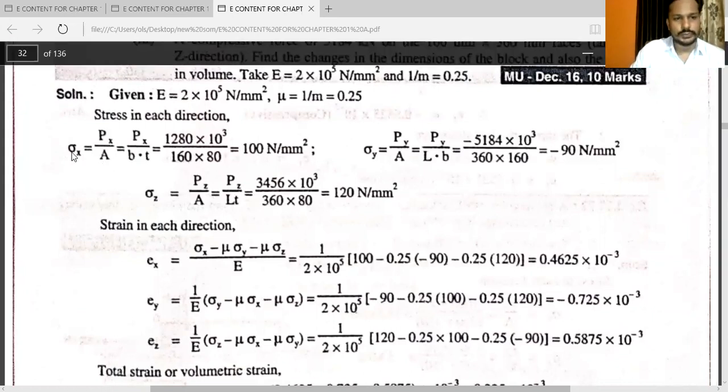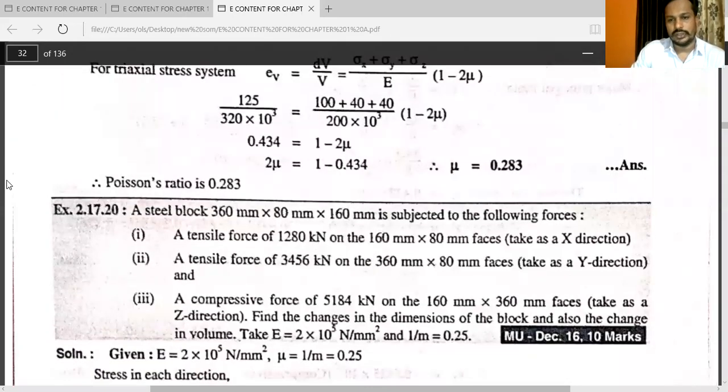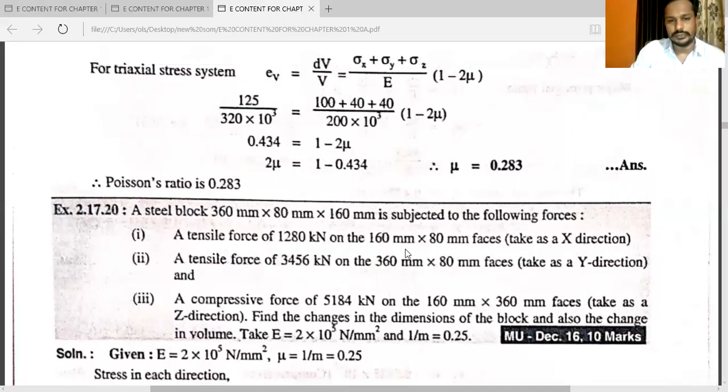Sigma x is nothing but Px upon A. We have the value of Px upon area, that is 160 into 80. See here, 160 into 80 is given.